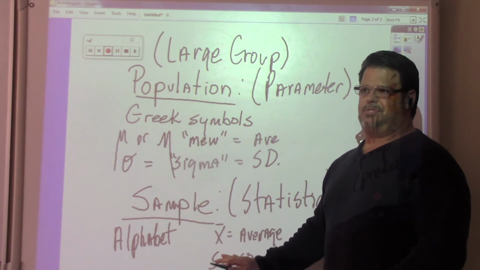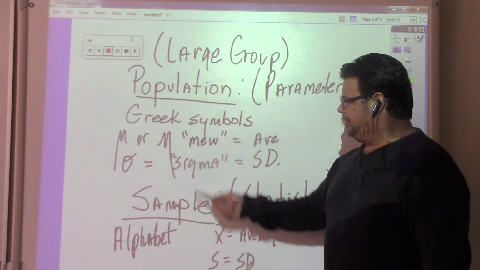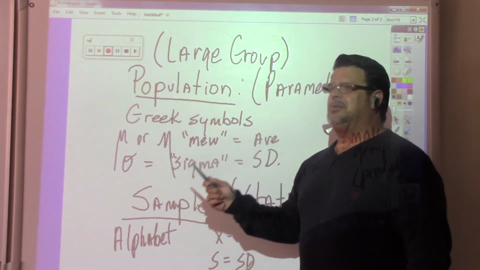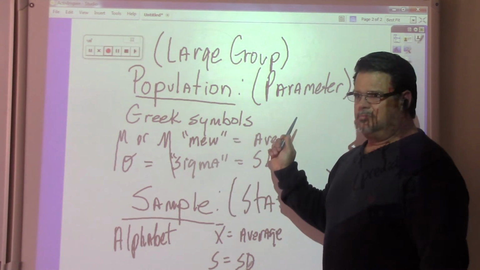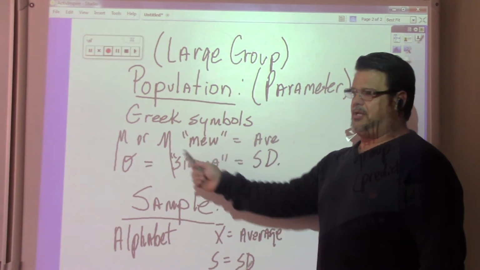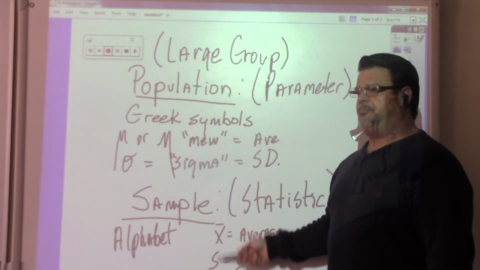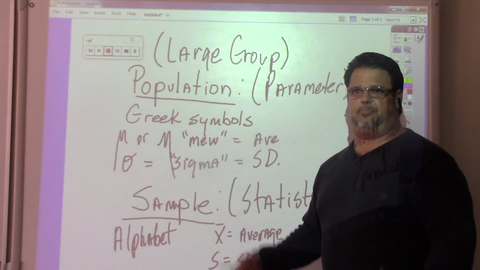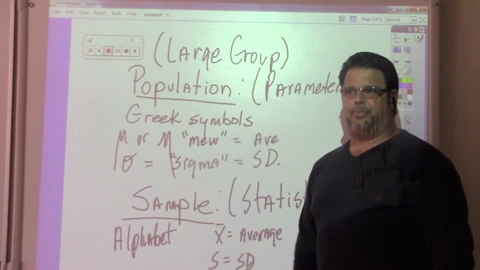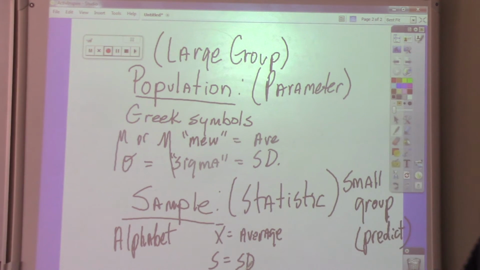The formulas are the same, except when you see these, don't be ignorant and say that's the sample, because it's not, it's the population. It's just a thing to help you keep from being ignorant in a populated room. Okay? That's what it amounts to. Because the formulas are the same, and they mean the same thing, except one is bigger than the other.